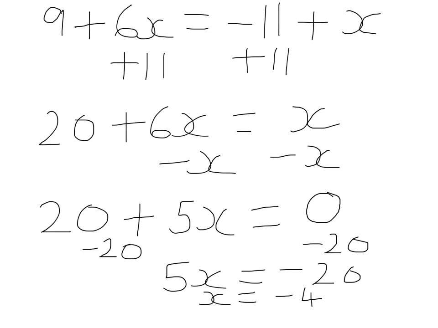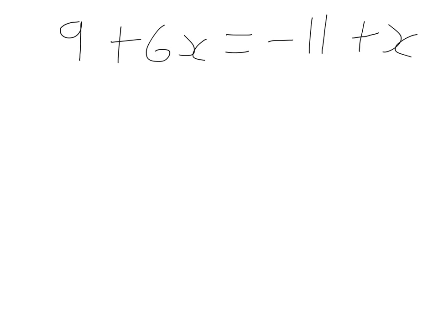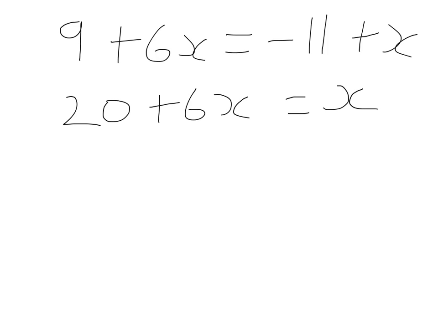There is another option, so I will show that to you. Once you've added 11 to both sides, so you've got 20 add 6x equals x, instead of taking away x, you could take away 6x, and then automatically you'd have x on one side of your equation and a value on the other.